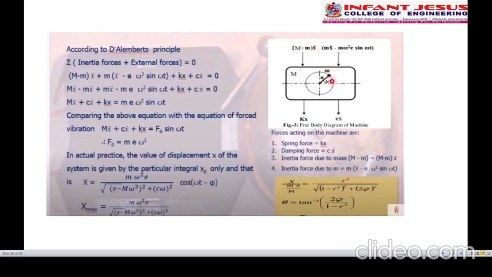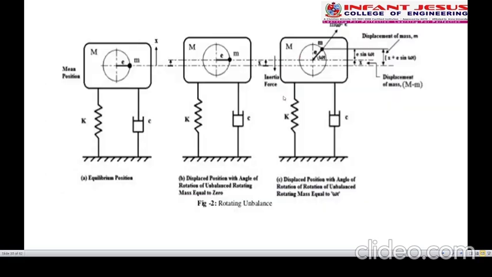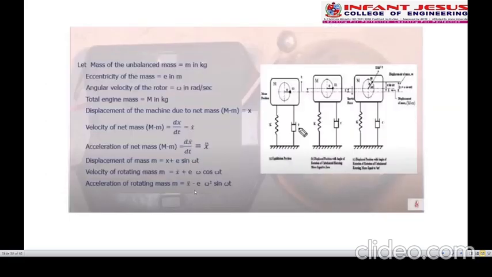Then the inertia force of the unbalanced mass is written as m into the acceleration. The formula for acceleration of the mass, which we have written in the previous step, is x double dot minus e omega square sin omega t.